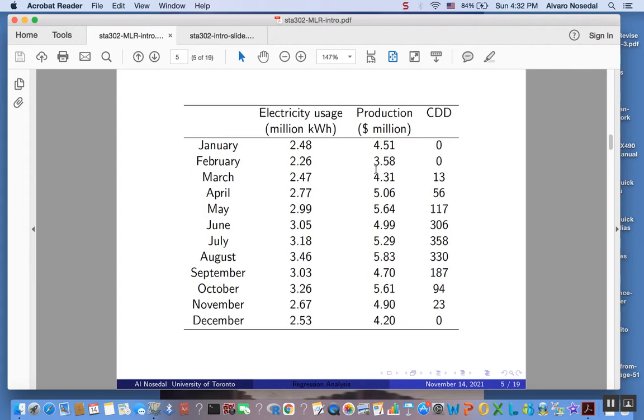Next let me show you the model that we're going to be considering. Remember that before, when we talked about simple linear regression, sometimes we would talk about two different models, the centered model and the classical simple linear regression model.